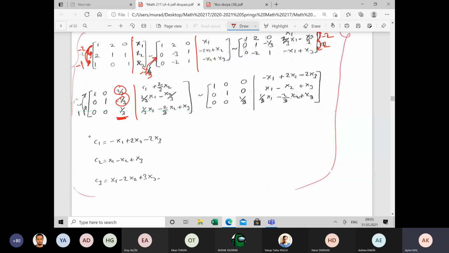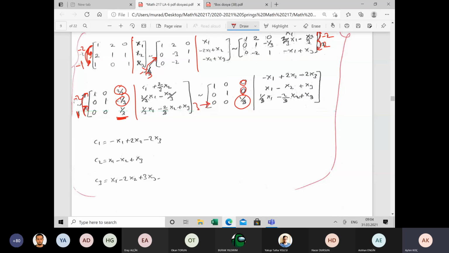So the first operation will be multiplied by 1, add to the second row, because 1 over 3 minus 1 over 3. To get 0 in this position, multiply by -2, we get 0, 0. This one is 1 over 3, and then we get 1 here, multiply by 3.